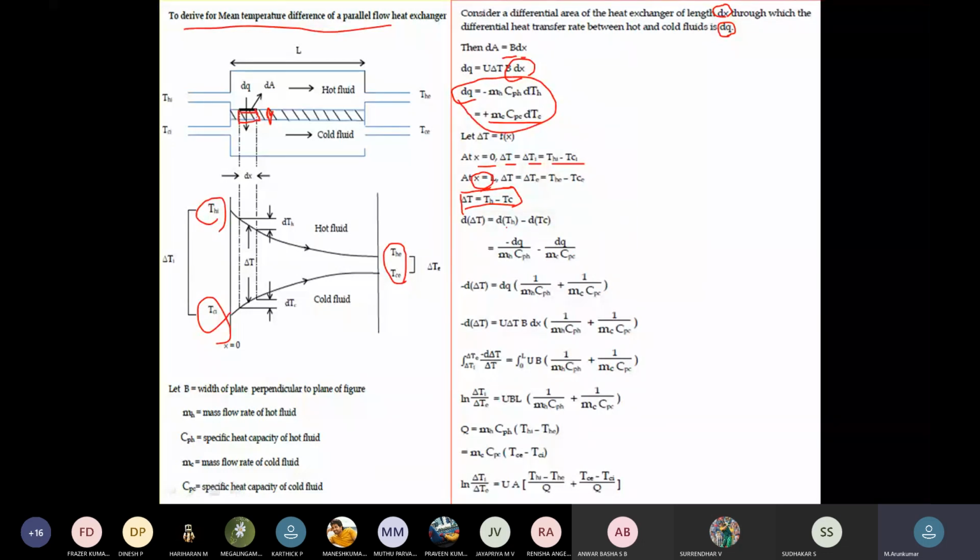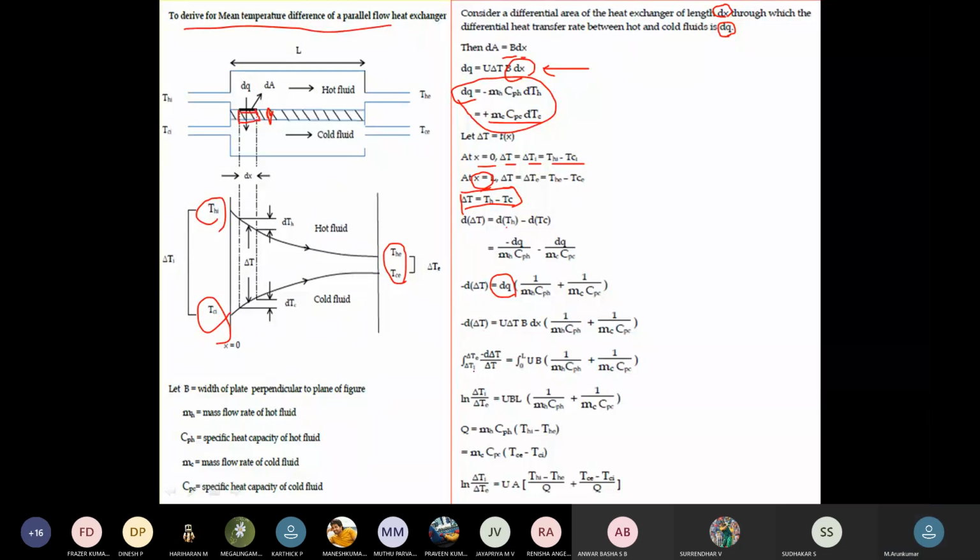Then we can take dq common, and we have 1 by m_h c_ph plus 1 by m_c c_pc. Also we can implement dq equal to U into delta T into B dx, taken from this. So that can be substituted, then we can have the equation like this.